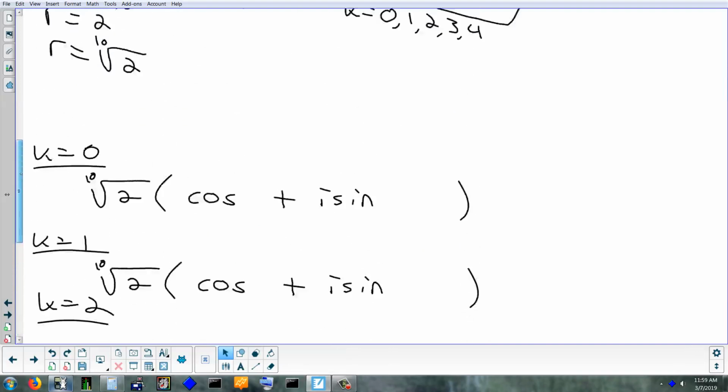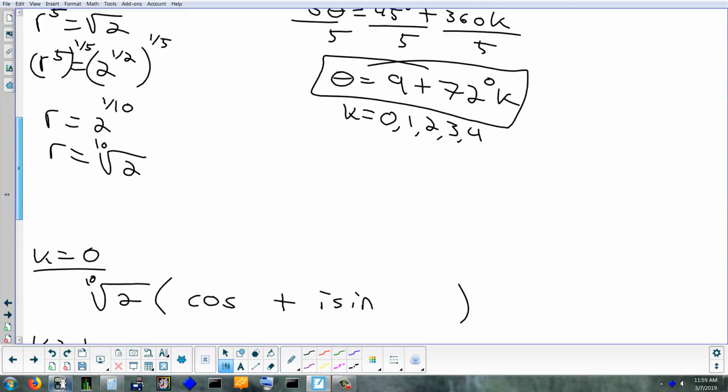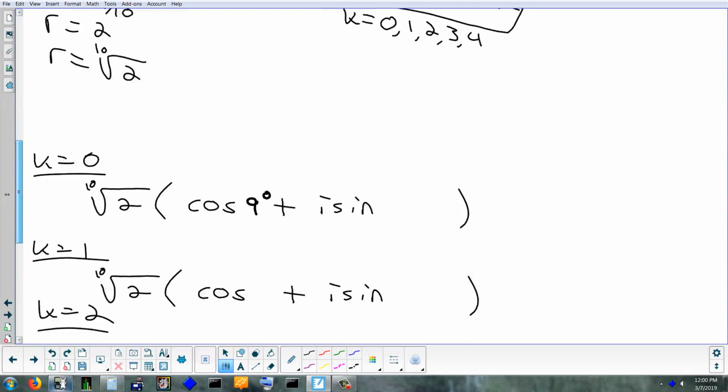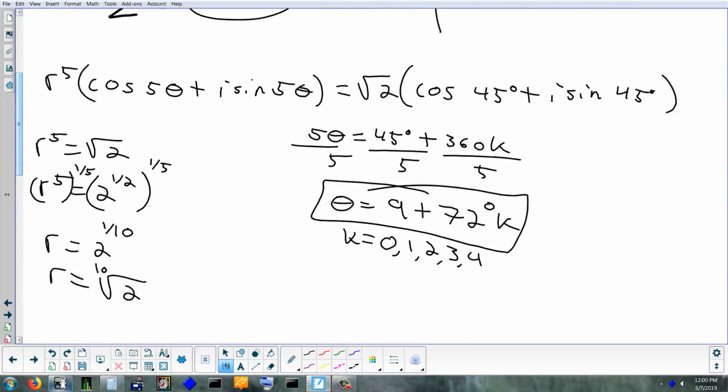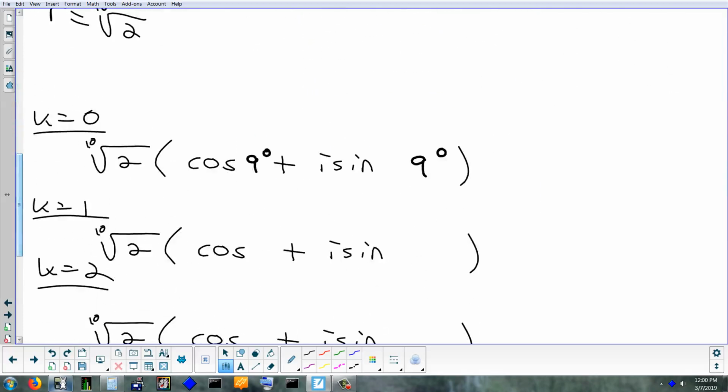Okay, so now fill in all our angles. Start with 0. 72 times 0 plus 9. 9 degrees. Now, all you're really doing each time is adding another multiple of 72. You're going to do 72 times 1 plus 9, 72 times 2. So just add 72 each time. What's 9 plus 72? 81.